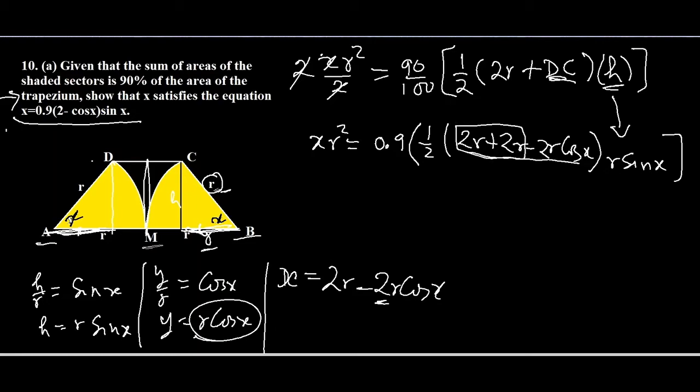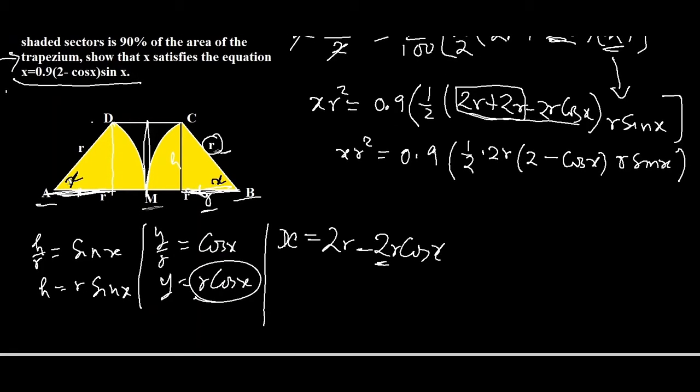So x r squared equal to 0.9 half. I'm taking 2r common out of them, right? So 2r taken common. Out of 4r will be left with just 2. Out of 2r cos x will be left with just cos x. And it is coming close to what we want.